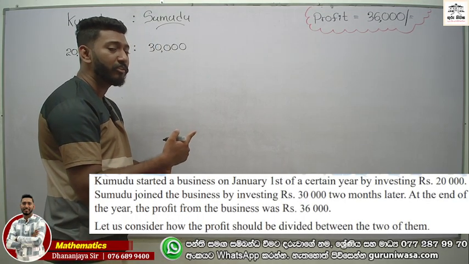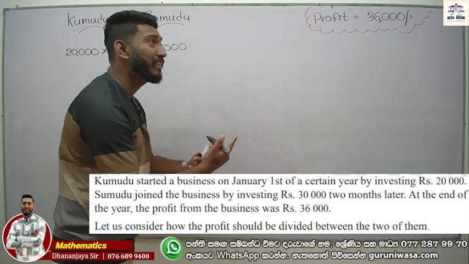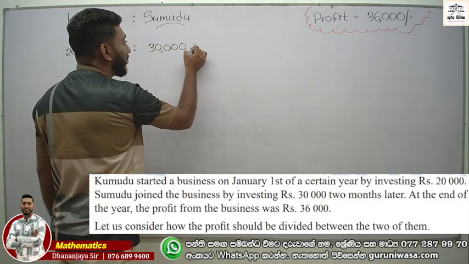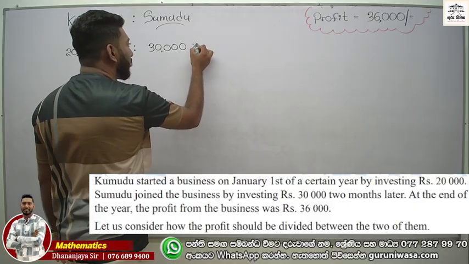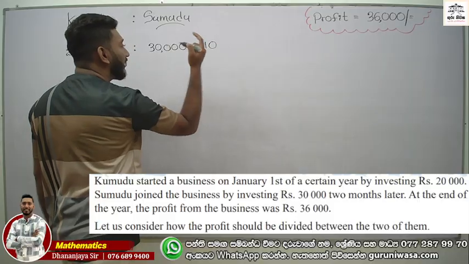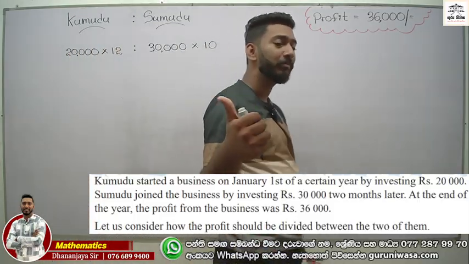Sumudu joined the business by investing 30,000, but 2 months later, so she should have 2 months less than Kumudu. Therefore, this one should be how many months? 10 months. Now understood?